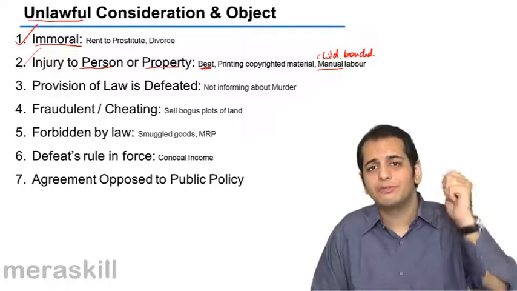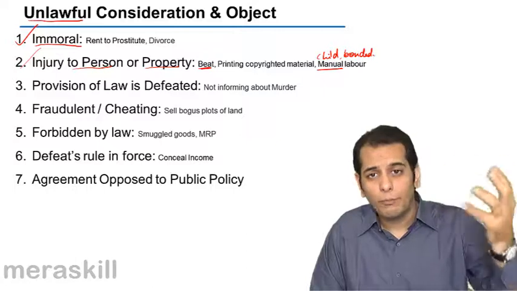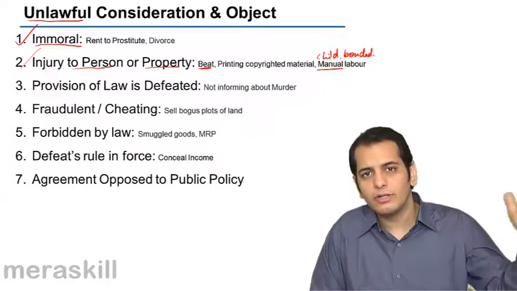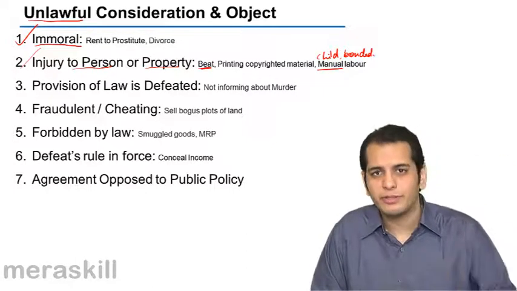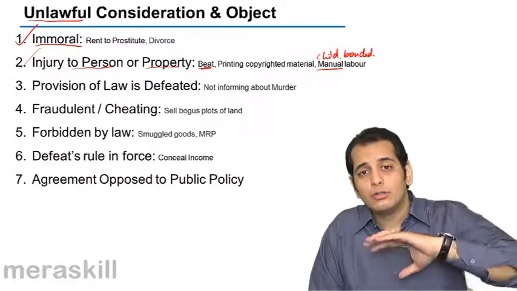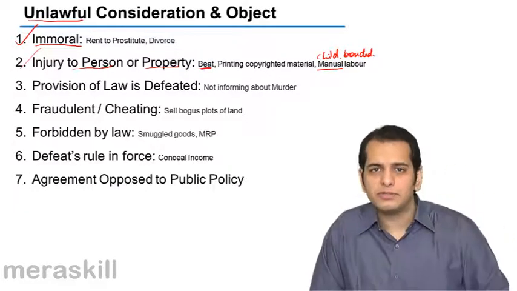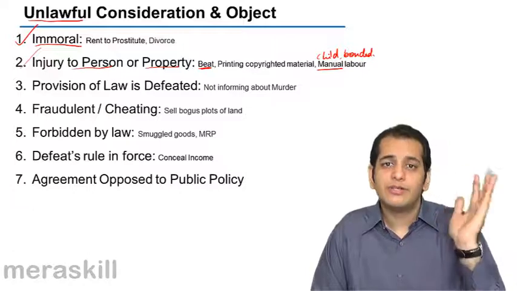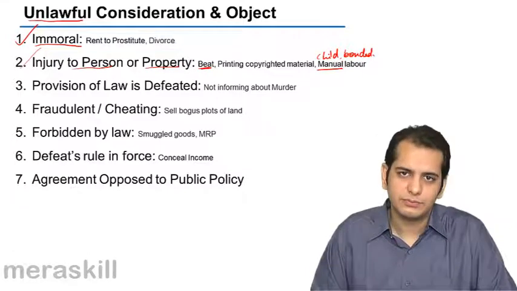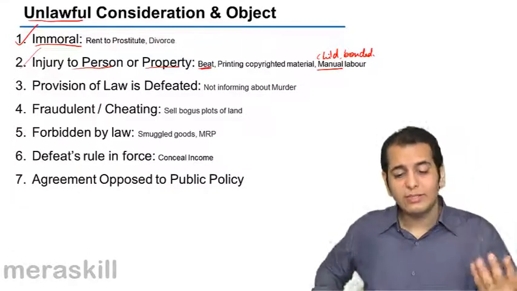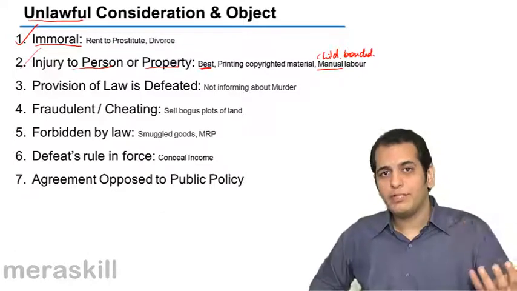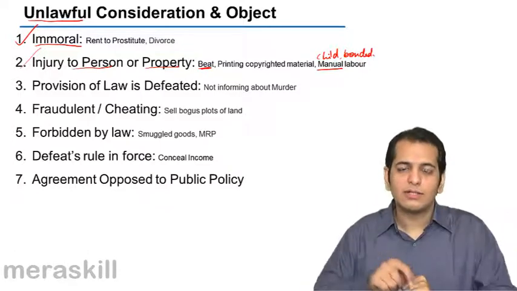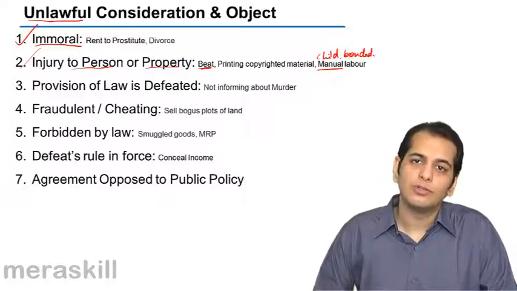However, when you harm a property belonging to some person, you destroy it, or you cause loss to that person, we can say that you have injured the property of that person. So, injuring a person or a property also comes under the definition of unlawful.